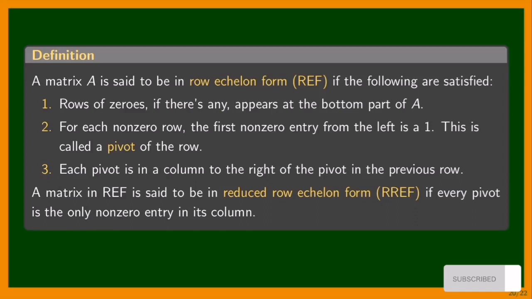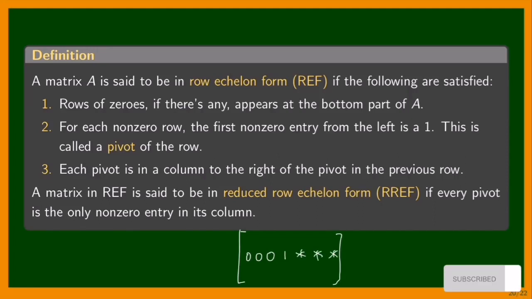Now each pivot must be in a column to the right of the pivot in the previous row. Oh my gosh, what do you mean by this? So, imagine that this is your matrix. Let's say this is a pivot, and something else. Yung star, it's something else.